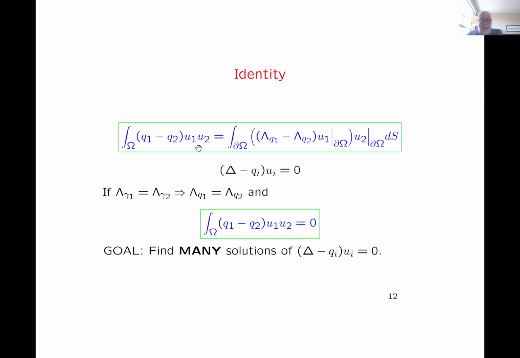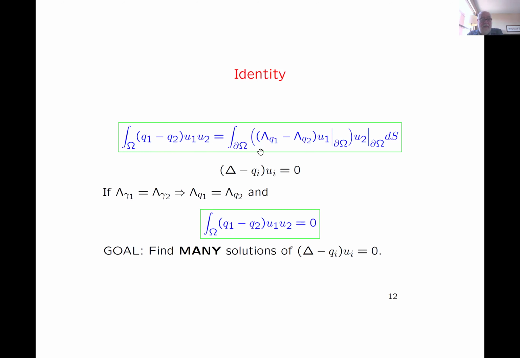And most of the proofs are based on something called Alessandrini's identity, but it's simply Green's formula. Q1 U1 is Laplacian U1, Q2 U2 is Laplacian U2. If the Ui solve the equation, you get the boundary information. The importance of this formula is that this is linear in Q. Here, the nonlinearity of the problem comes up in the U1 and U2 that depend on Q1 and Q2.